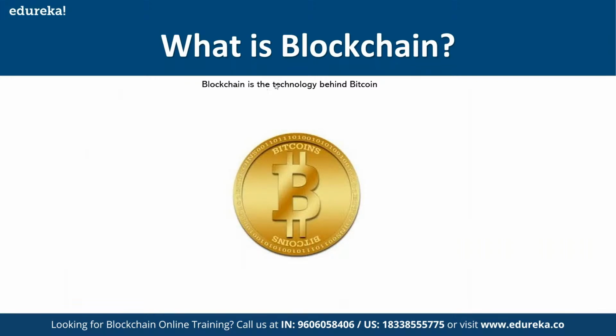So when we say blockchain, people think that blockchain and cryptocurrency are the same thing. Whenever we talk about Bitcoin or blockchain, people think that Bitcoin and blockchain are the same, or in general, cryptocurrency and blockchain are the same. Well, guys, I want you to remember this.